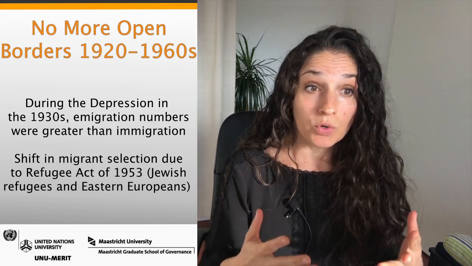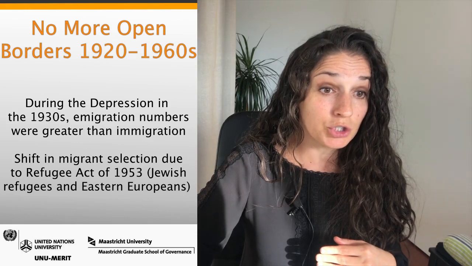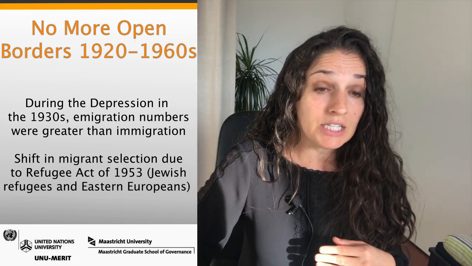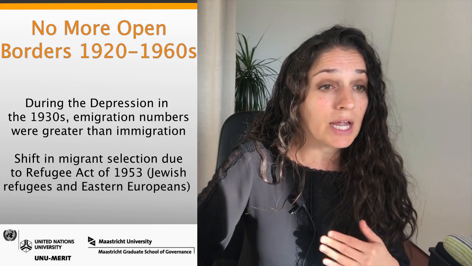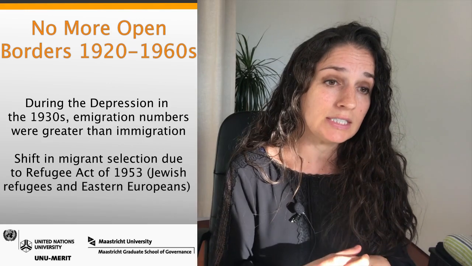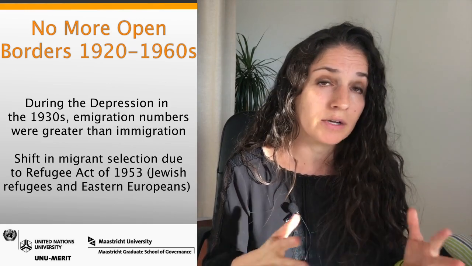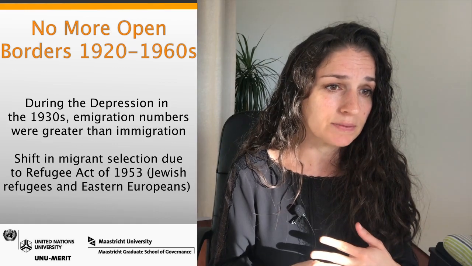Then during World War II, very specific immigrant groups, including Jewish refugees and Eastern Europeans, came to the United States, which they were able to do because of the Refugee Act of 1953 that contributed to a shift in the way migrants were selected.